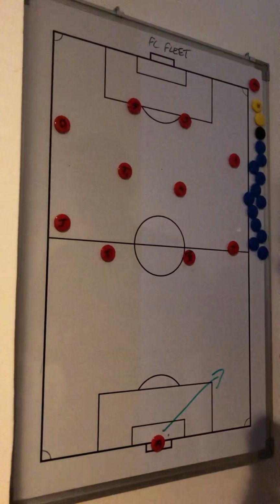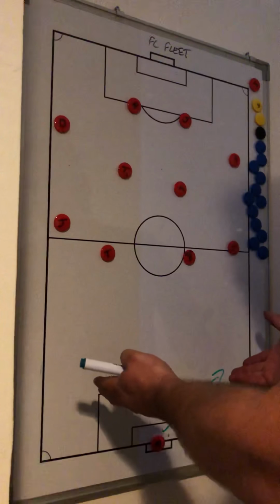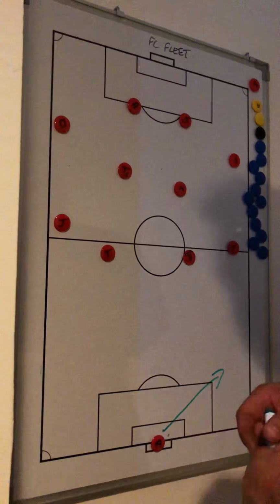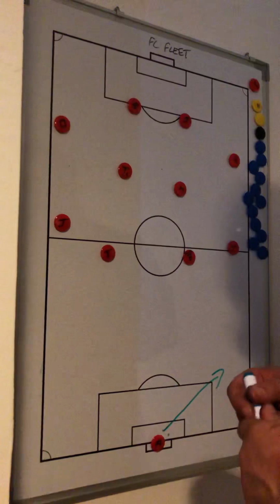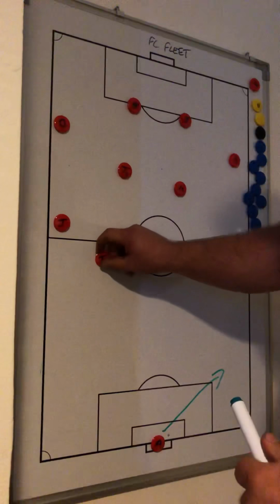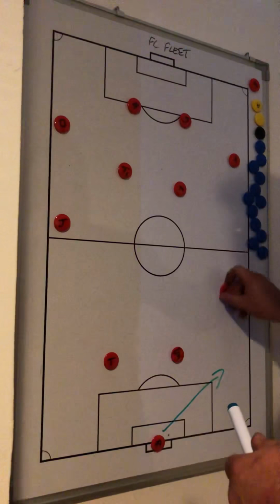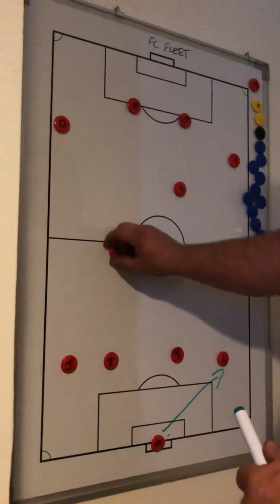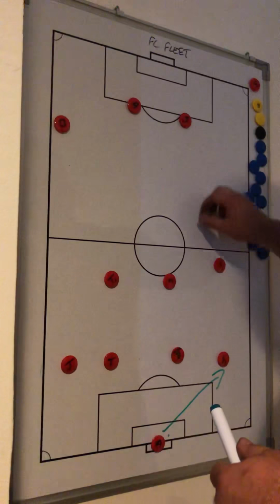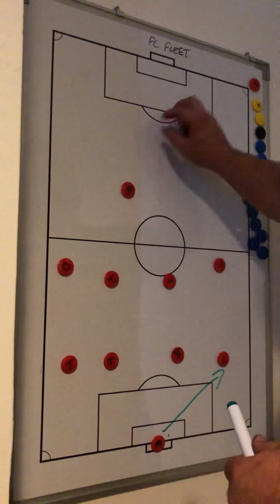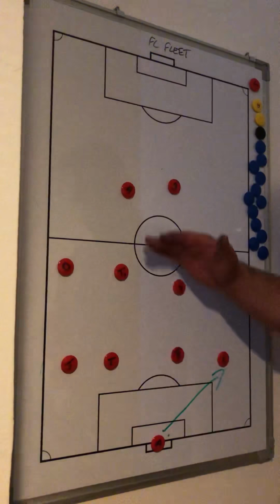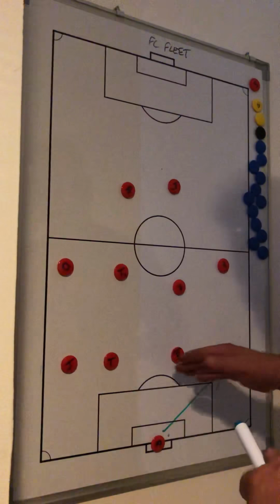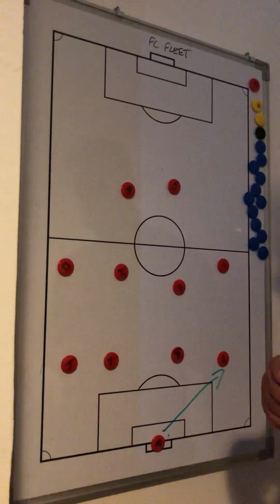Now, we could do that more regularly by working from defence into triangles, getting forward, with reliability from the keeper at the back with Andy there. So we said, sometimes, all we'll need to do from a goal kick, we won't be able to do that every time. Because their midfield might get lazy and compress us in here, meaning that we've got more of a 3-on-4 or a 4-on-4.